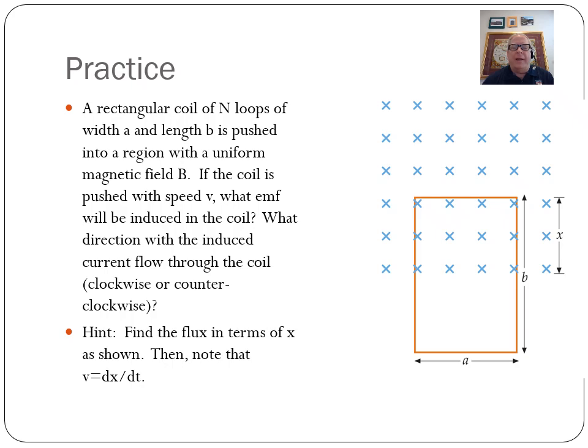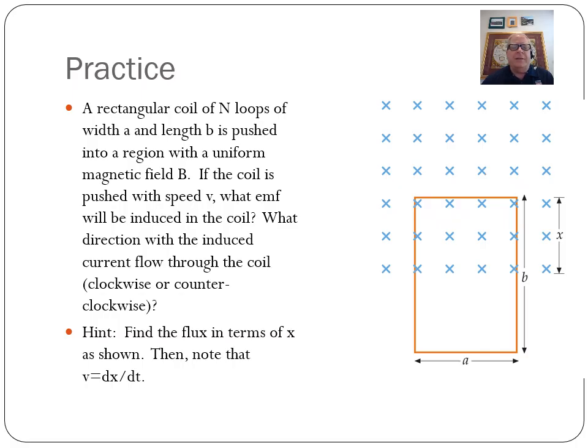Therefore A times x times big B gives us the magnetic flux flowing through your loop right now. But as you push it in, x is changing. And so the rate of change of your magnetic flux is the rate of change of A, which is a constant, times x, which is a variable, times big B. If you take that derivative, you're left with A times big B times dx/dt.